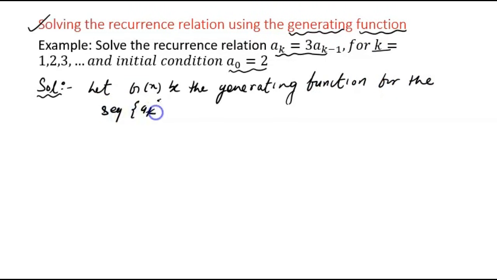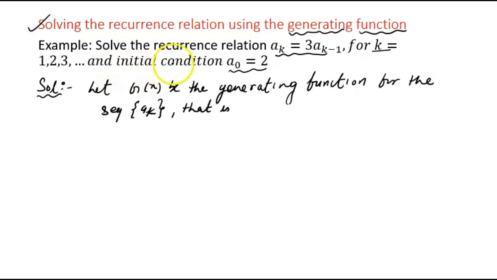I think by now you are also clear that when we are talking about solving a recurrence relation, what we want is a sequence, because in the very first class or video related to recurrence relation, I highlighted that the solution of a recurrence relation is a sequence, right?